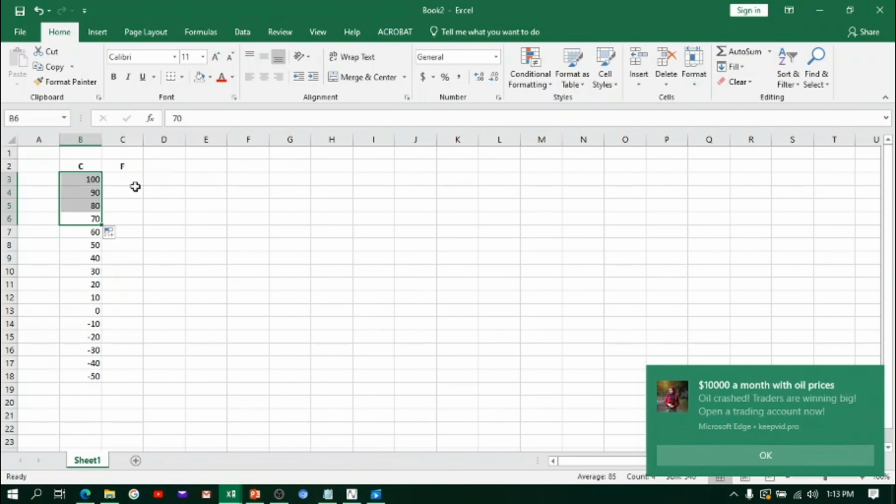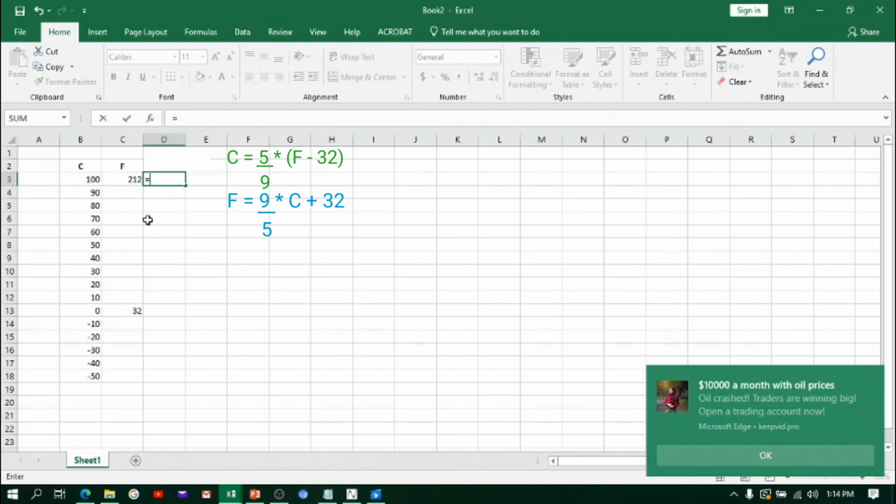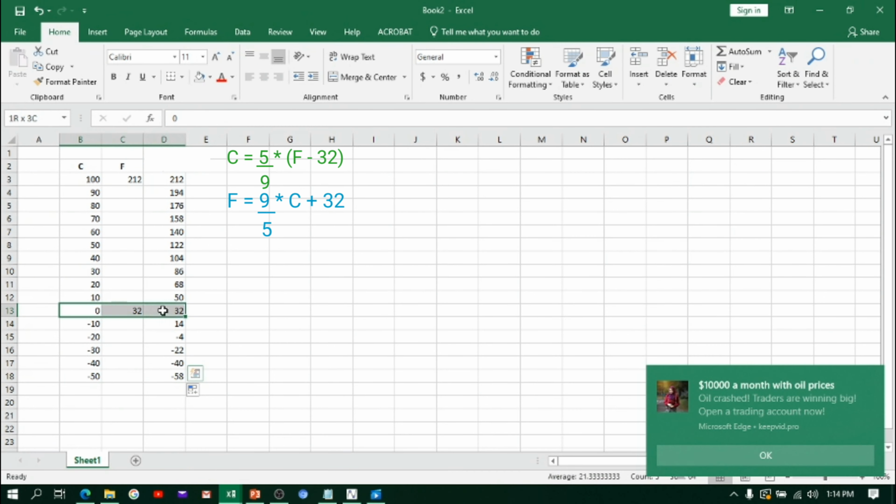We'll try to tabulate the values for C from 0 to 100, since we know the formula for Celsius in terms of Fahrenheit and of Fahrenheit in terms of Celsius. We can just easily get the equivalent degree Fahrenheit values for each value in Celsius.